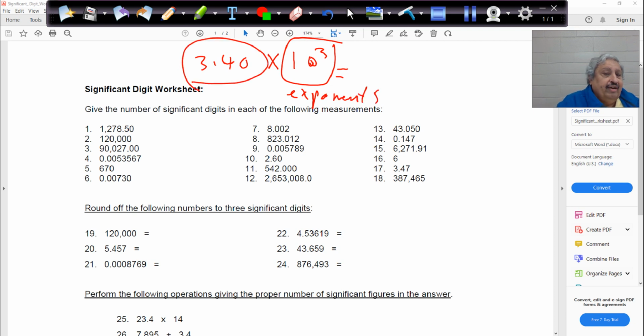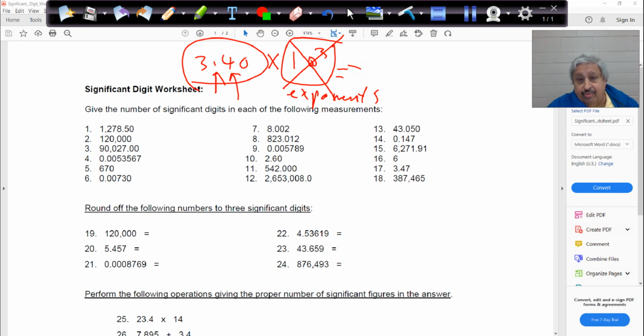So we have how many here? 3. Why is the 0 at the end significant? It's meeting what? 2 conditions. There is a decimal present, and it's coming after a whole exact number. Okay, guys? So this is 3 sigfigs. How about 10 to the power 3? It's not part of the consideration. We don't consider the exponent.